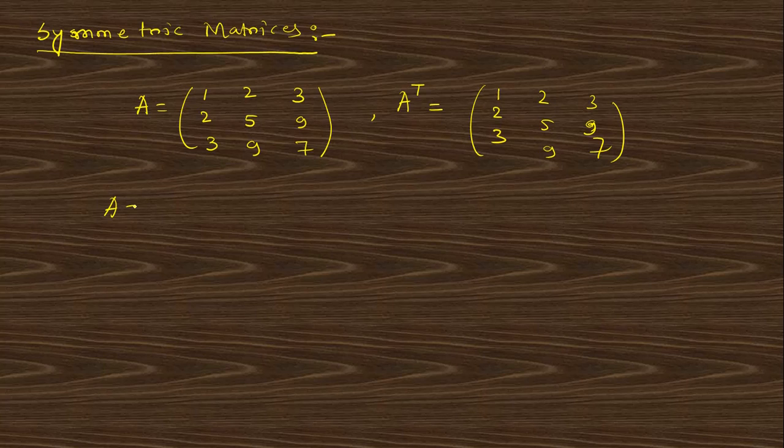So A is A transpose. Clear? If A equals A transpose, then A is a symmetric matrix.